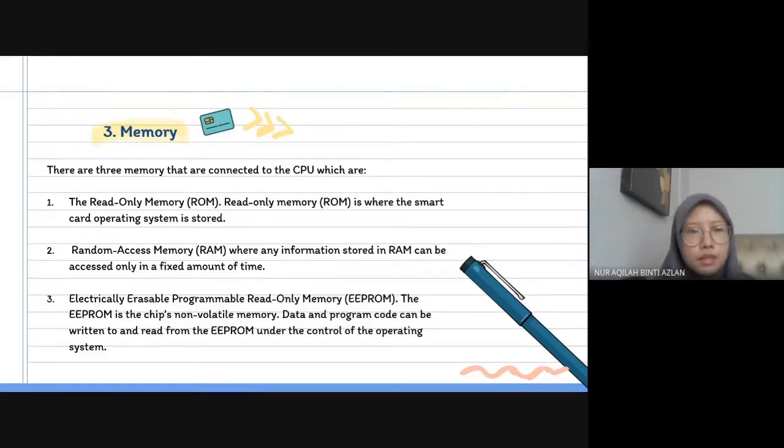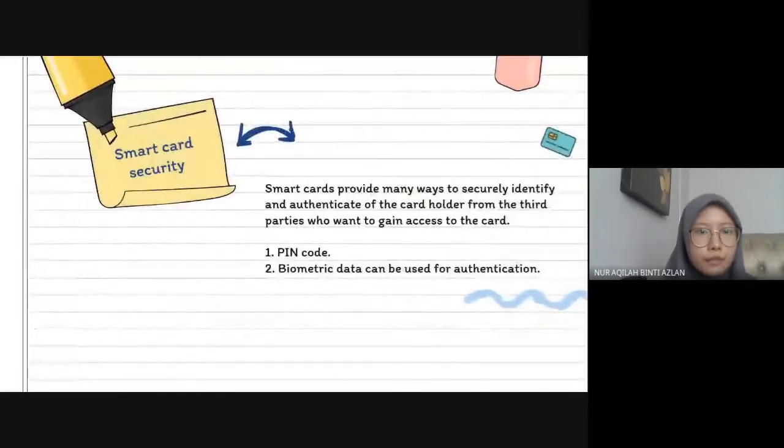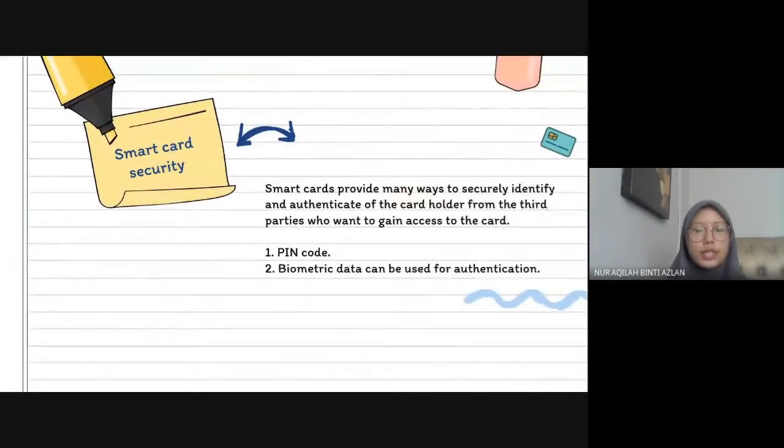Okay, next is smart card security. Jadi smart card dia provide banyak elemen untuk memastikan kita punya identity and authentic card holder iaitu kita adalah terjamin daripada the third party yang ingin akses kepada kita punya card.